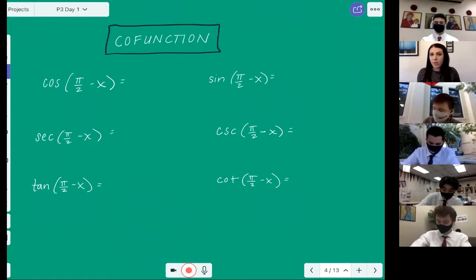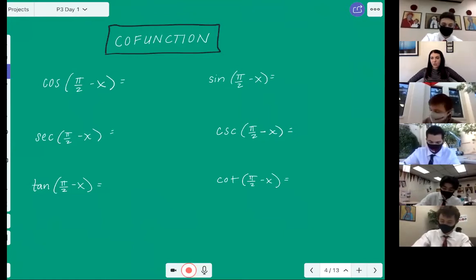It is important that you have it in the right order. So it has to be pi over 2 minus x. It's not the same as x minus pi over 2. So it should be pi over 2 minus x for all of these. And again, we're working in radians almost exclusively. If it was in degrees, it would be 90 degrees minus x.